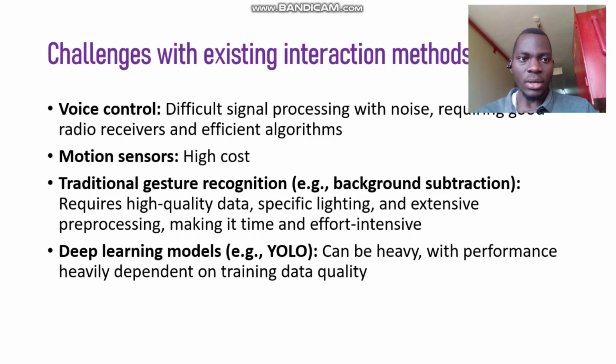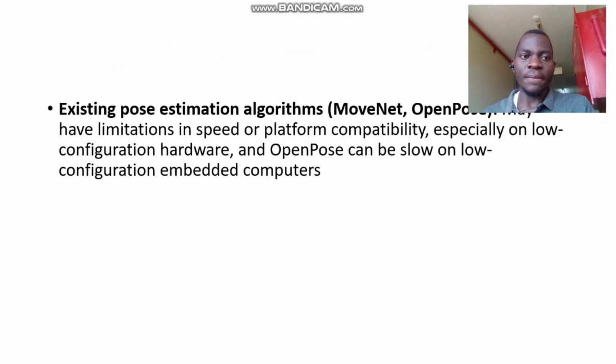Another challenge is that deep learning models like YOLO can be heavy, with performance dependent on training on high quality data. These models are heavy and highly require good data to train. Another one is that existing pose estimation algorithms like OpenPose can be slow on some hardware.